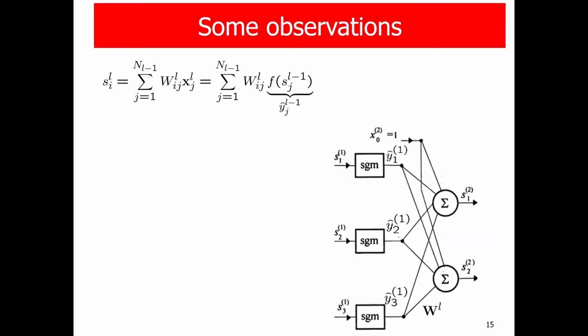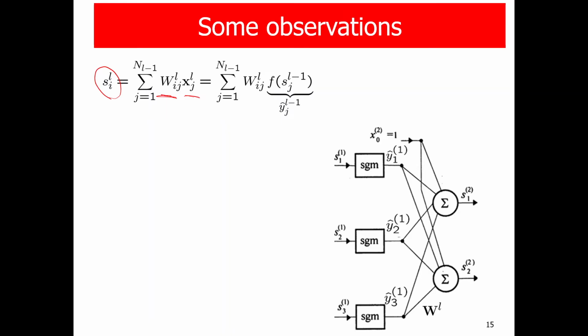You can also see that S_{l,i} is just the linear combination of x_{l,j} quantities with weights w_{l,i,j}. This is obvious because this was exactly the definition of S_{l,i}, which is just the summed input of neuron i on layer l.